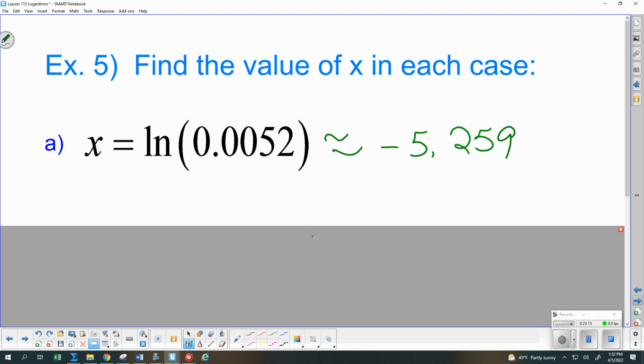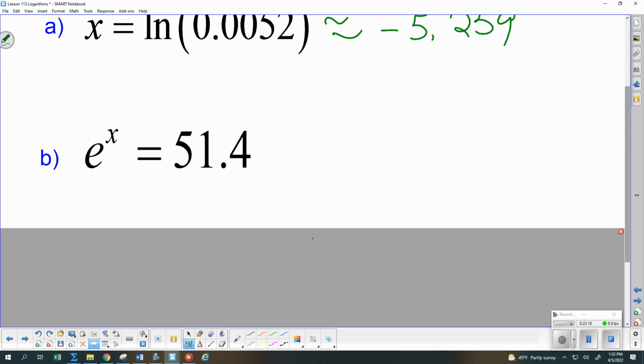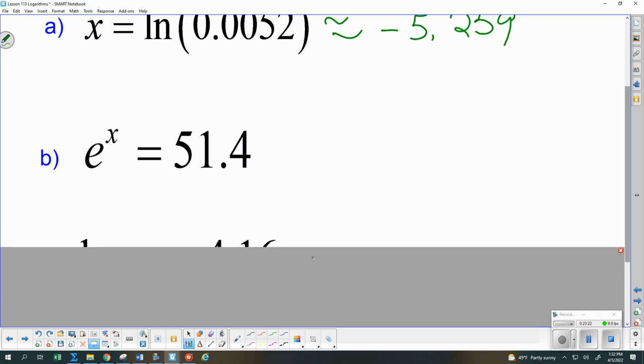Thumbs up, thumbs down from others. Okay, this one we're going to have to do a little bit of work to get there. e to the x is 51.4. Okay, x is in the exponent.